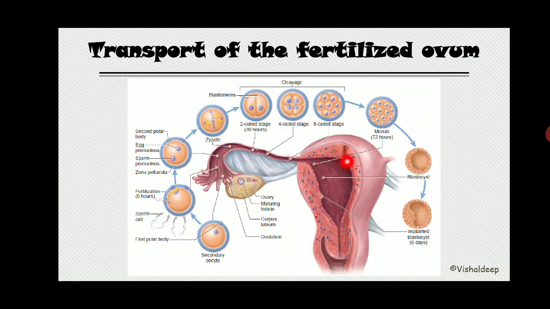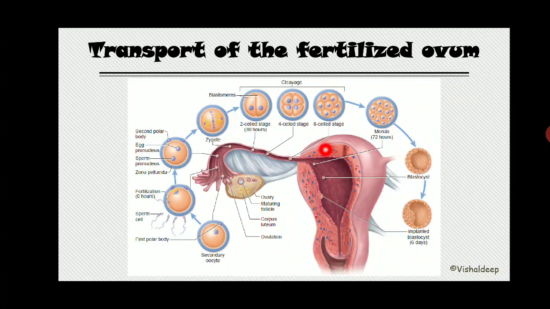So what is implantation? Implantation is nothing but the attachment of a fertilized ovum to the uterine endometrium. That implantation will take place after 1 week or 6 days, right? So fertilization will take place at the 15th or 16th day of the ovarian cycle, and after 1 week it will reach the endometrium and attach to it.